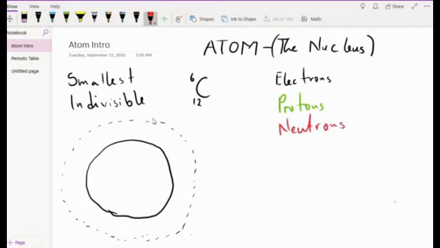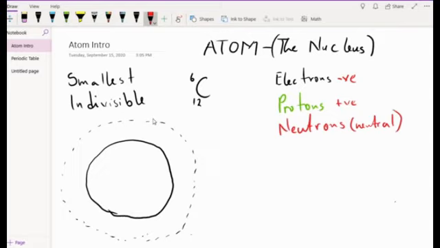So these are the 3 components of an atom, and each of them has its unique charge. The electron is always negatively charged. Okay, let me use this red. Negatively charged. The proton is positively charged, while the neutron is neutral. That is, it is neither positive nor negative.